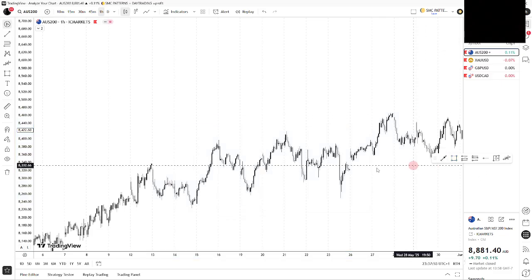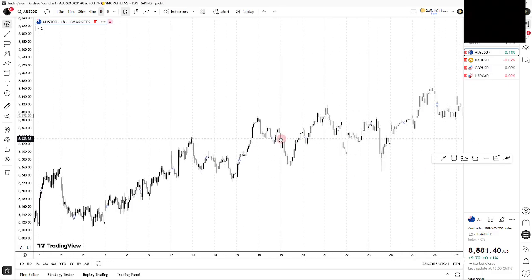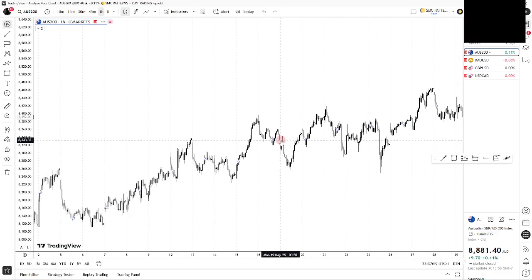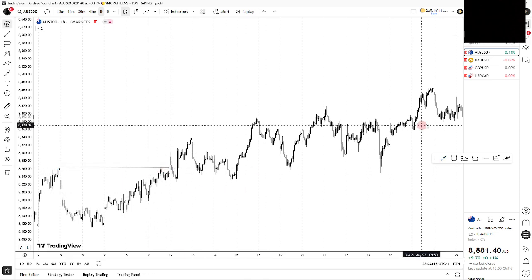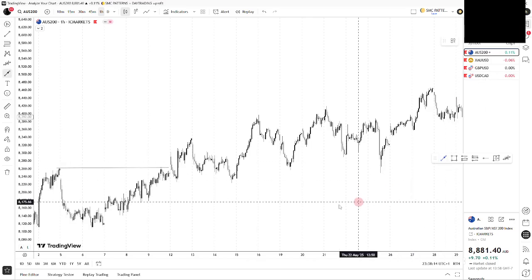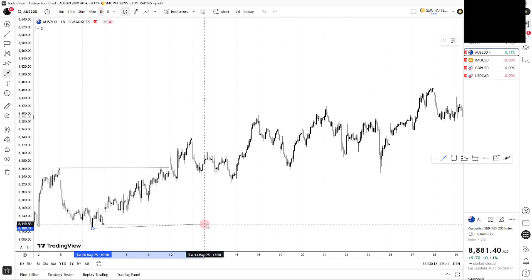So let's say that we don't know what's happening in the whole of here. Then what is the first thing I'm going to look for? I'm going to look for the first break of structure. Okay, now I'm going to look for the major structure.